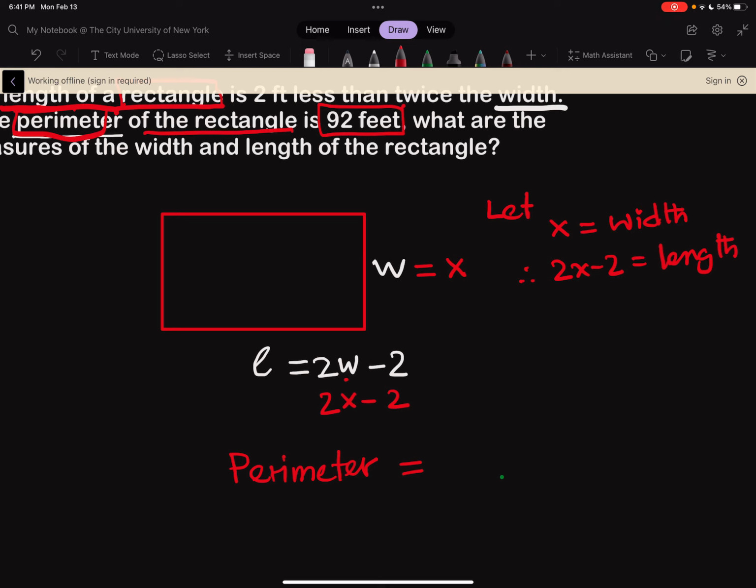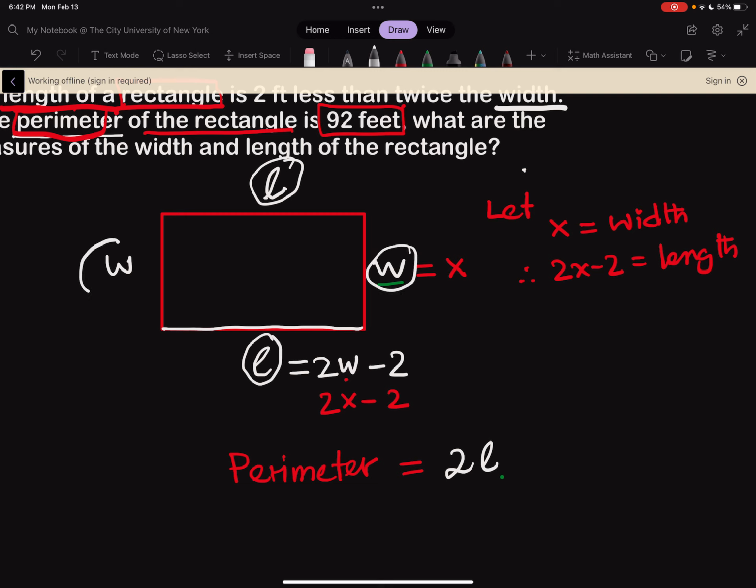So this is a closed figure. On the boundary line, this is width, and this has to be again the width. And this is length. The opposite sides are congruent, so that's also going to be the length. If we add up, we have 2 lengths and 2 widths.